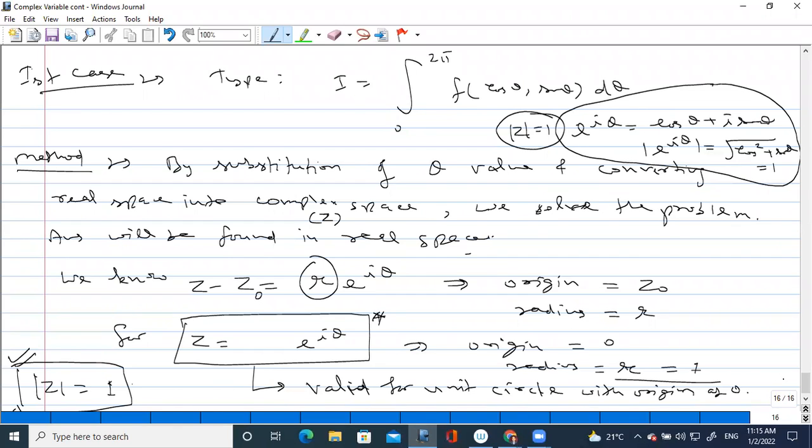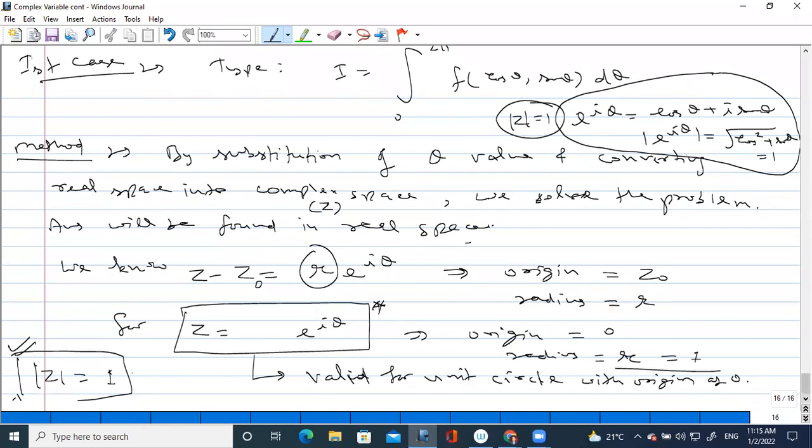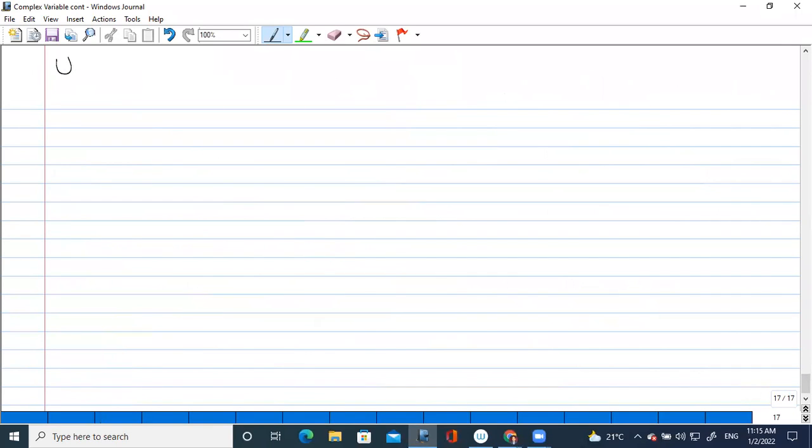Done, sir. Okay. Actually, we have a universal equation. Universal equation is like that: z minus z0 will be r e to the power i theta. In that, this z0 always gives you the origin, the point of origin.